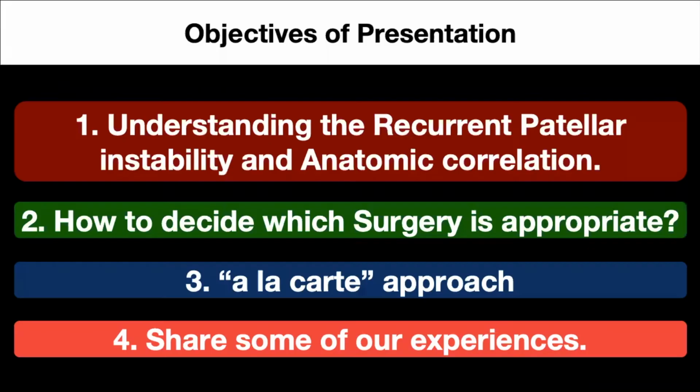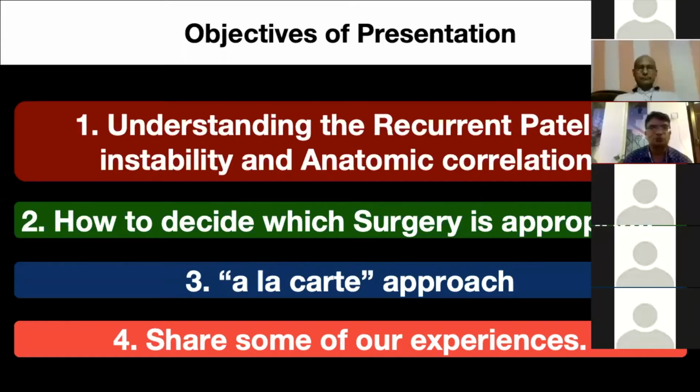So how I have decided to do it is to divide my talk into 4 sections. The first section is essentially a modification of what Sushil has already presented. I'll emphasize understanding recurrent patellar instability and its anatomical correlation.